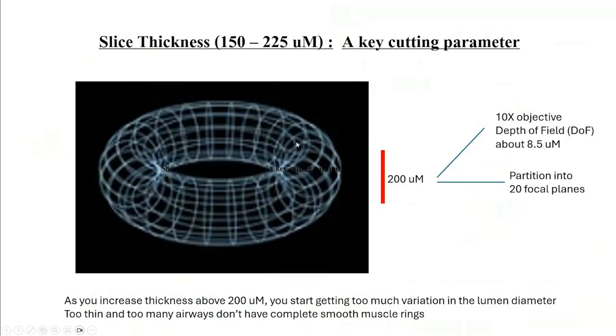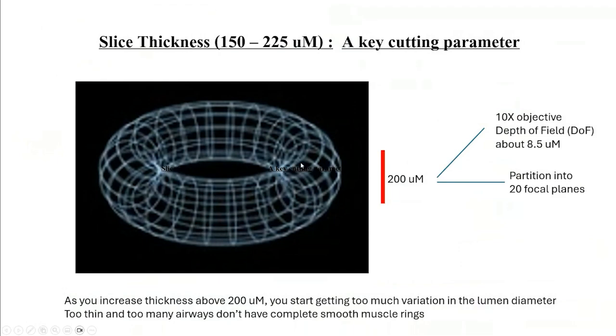So that's the problem with going at too high a thickness. If you have too many focal planes, as you adjust the focus on the microscope when you're looking at your slice, it's going through various focal planes, and it's hard to tell what the proper diameter of your smooth muscle ring is, because it will vary somewhat along that 200 micron vertical distance.